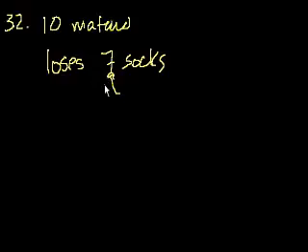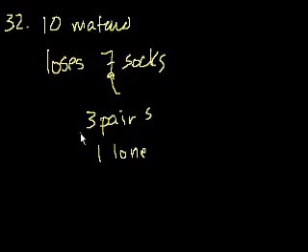So if 7 could be made of 3 pairs and 1 lone sock, right? This is kind of the best case scenario if he wants to have the greatest number of matched socks left. So the 7 could be 3 pairs and 1 lone sock, in which case he'd be left with what? These 3 pairs would be gone.